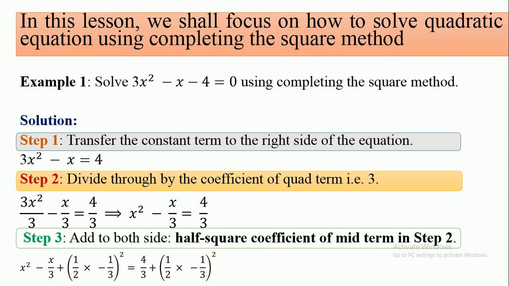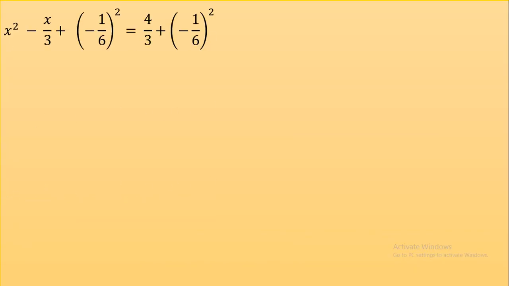So move further. By the time you move further, what you have in that bracket at the left hand side will be minus 1 over 6. So x squared minus x over 3 plus, open bracket, minus 1 over 6 squared equals 4 over 3 plus, open the bracket, minus 1 over 6, close the bracket, squared.